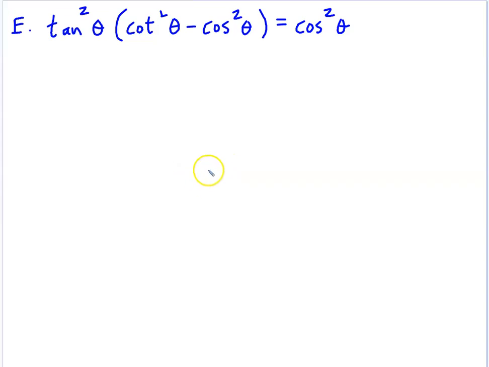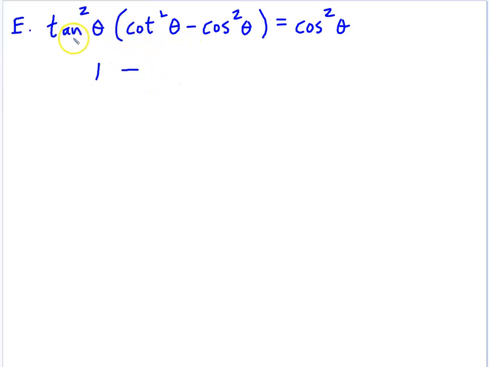Okay, let's try this one. This one's really not too bad. Obviously there's more going on here on the left side than there is the right, so I'm going to make the left side look like the right side. So if you do tangent times cotangent, obviously those are reciprocals, so that's just 1.